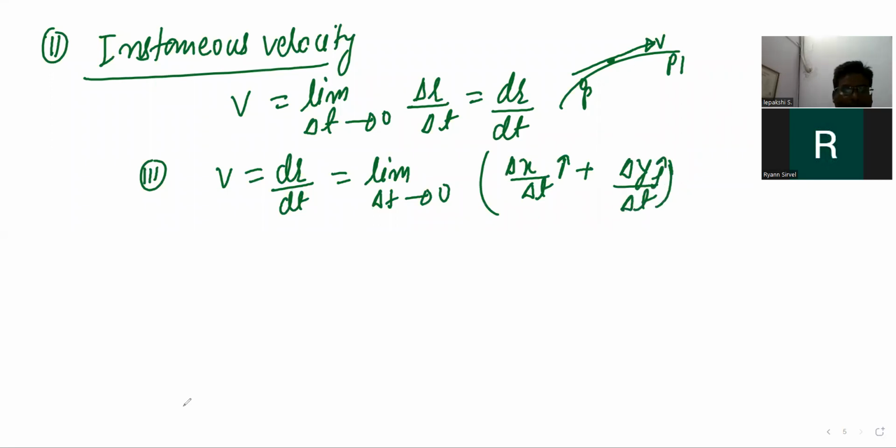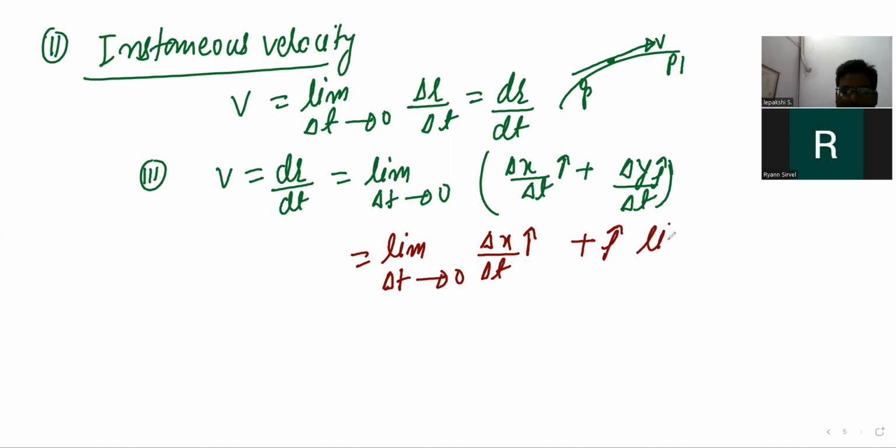Right. So applying limits on both, it will be limit delta t tends to 0, delta x upon delta t of i, right, plus j, limit delta t tends to 0, delta y upon delta of t, right?